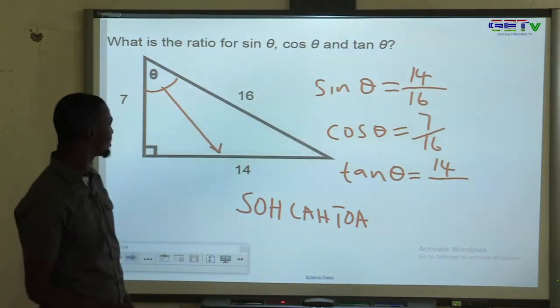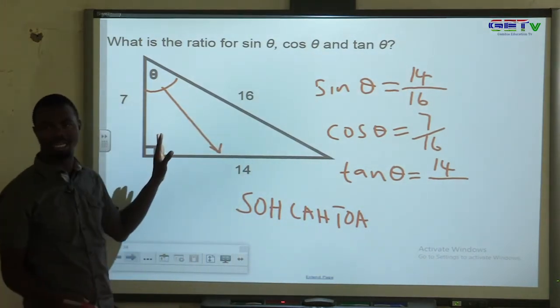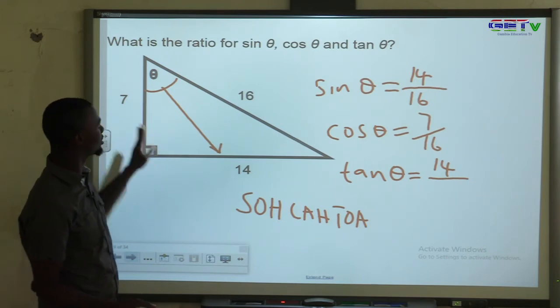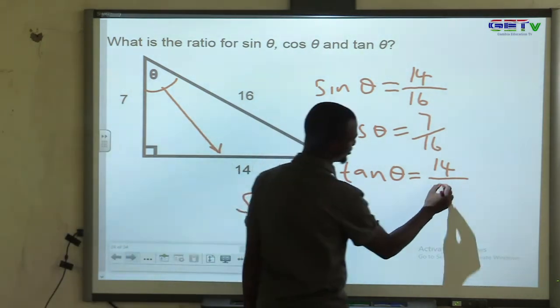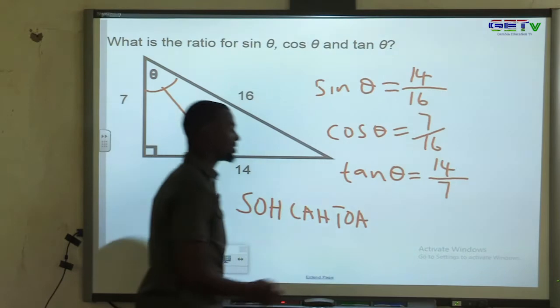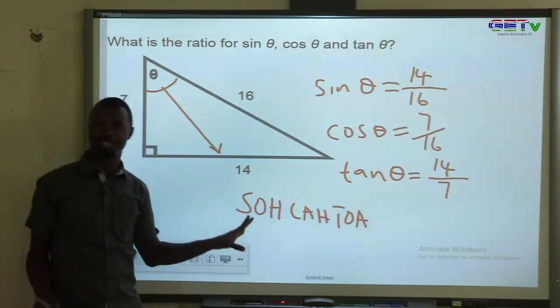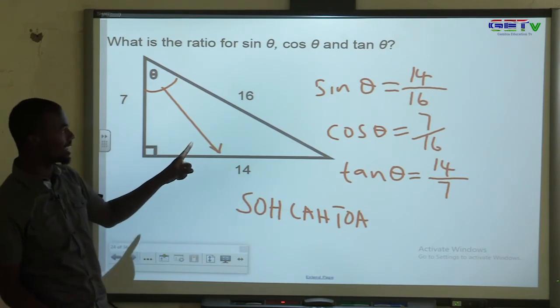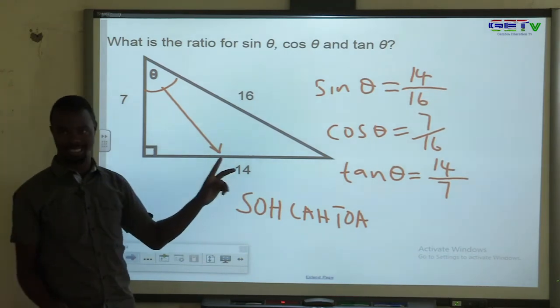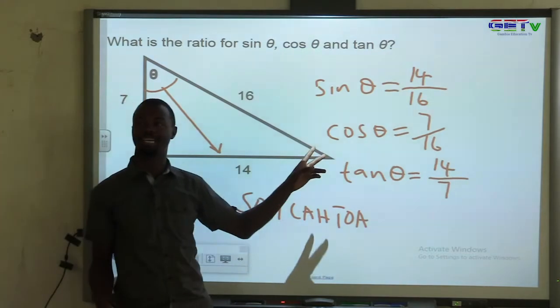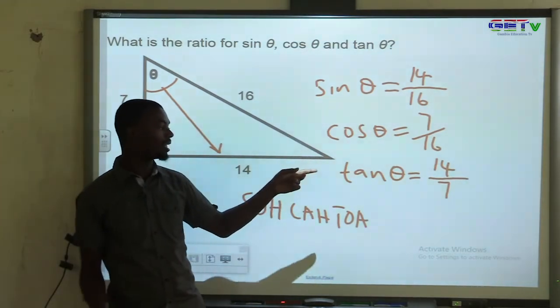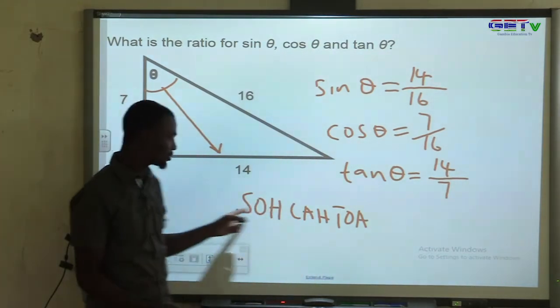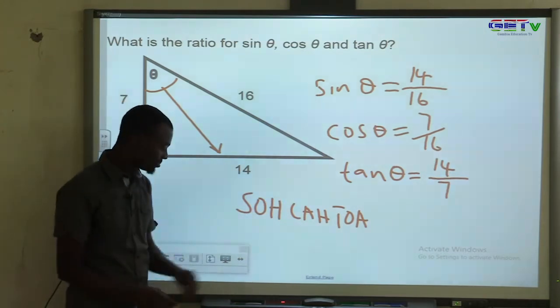The adjacent of the right angle triangle is 7. So tan theta will be 14 over 7. This is the way we solve questions like this. We are asked to find the ratio of sine theta, cos theta, and tan theta. So these are the ratios of sine theta, cos theta, and tan theta with respect to the trig ratios we learned.